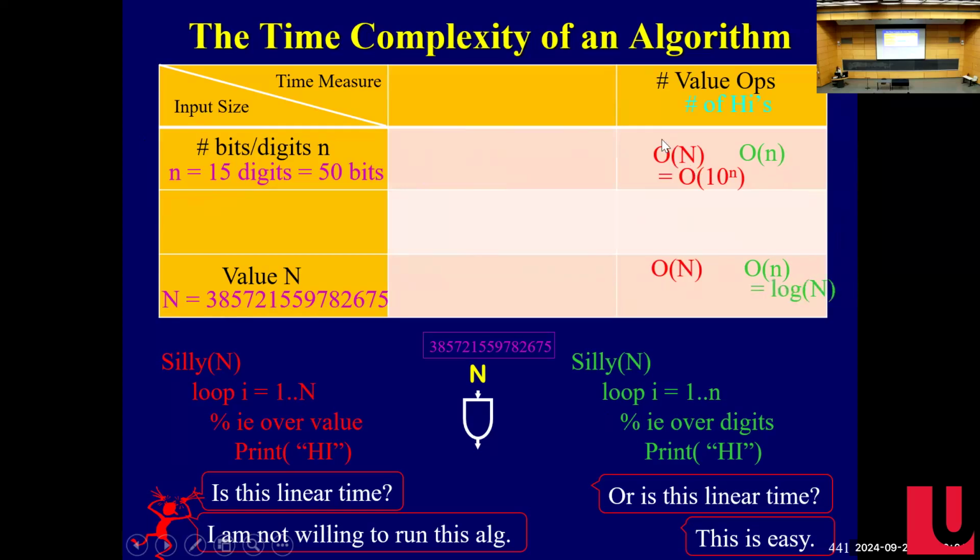And in this bottom one, we're expressing the running time in terms of the value. So the running time of the red one is linear, and of the green one is a logarithmic running time, right? Versus up here, the red one's exponential and the green one's linear, right? So you can think which of these definitions seems to make more sense.